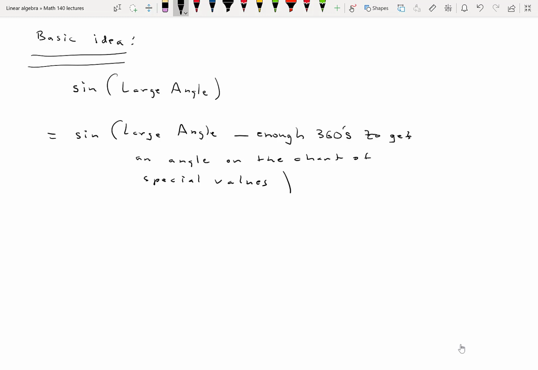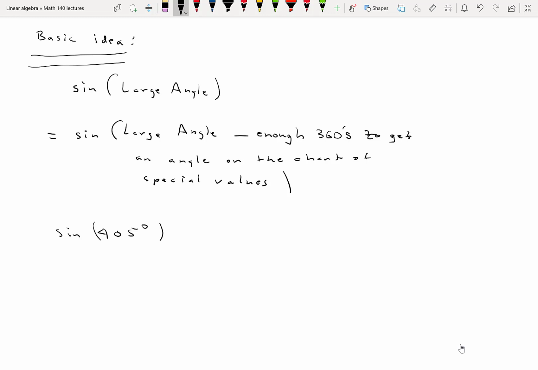If you still don't see it, let's take a look at an example: the sine of 405 degrees. You start the process by asking yourself, is 405 degrees on the chart of special values?